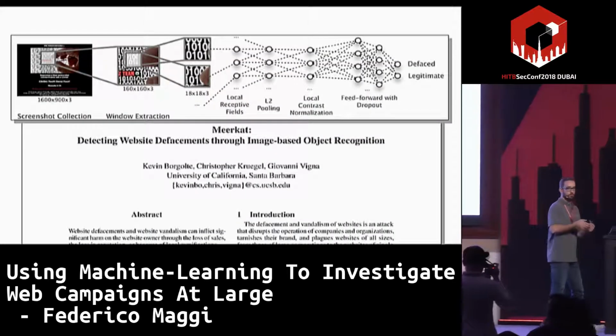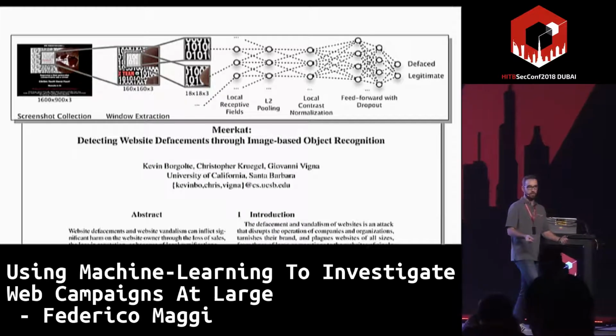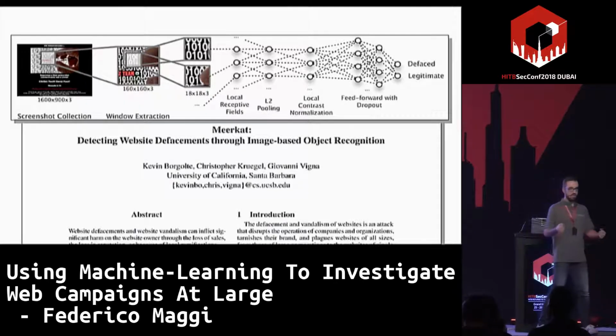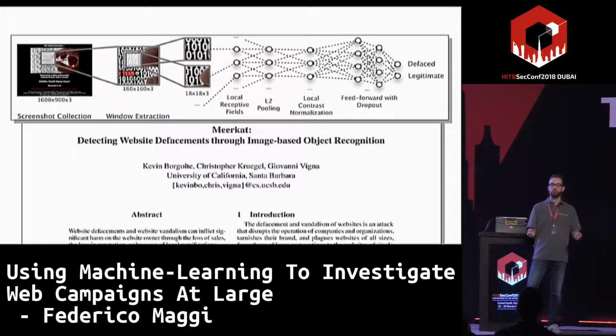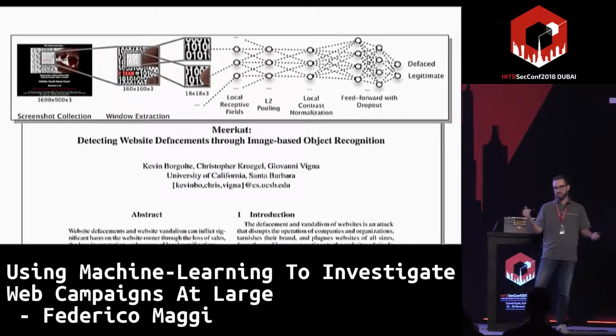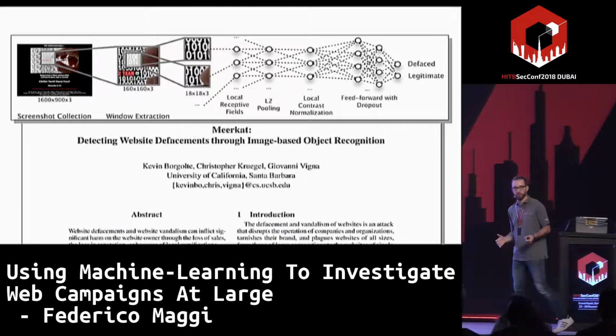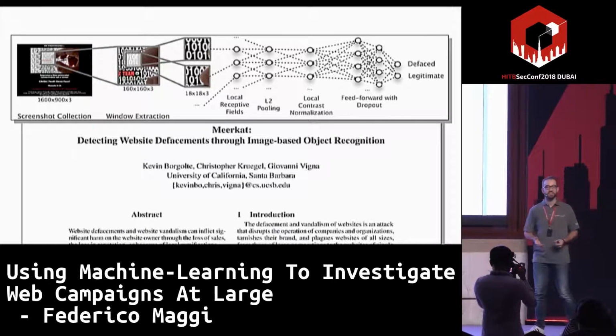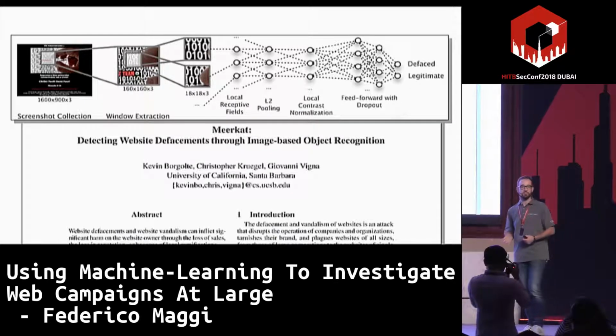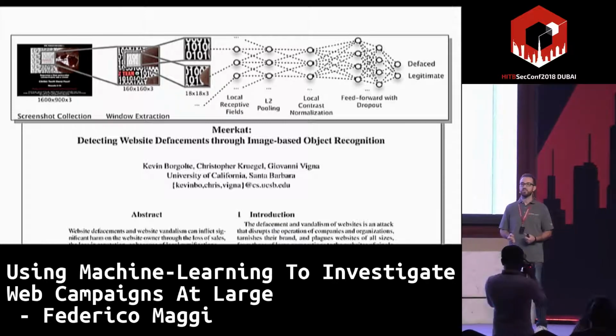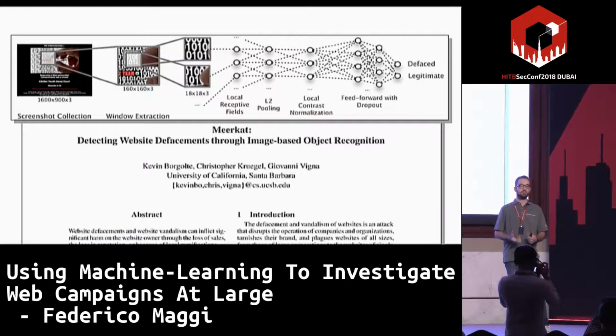There is interest, of course, in the detection part. As a company, you want to be able to detect if your page has been defaced as fast as you can. In my opinion, even though I love Kevin, he's a great friend, and he's made a very interesting piece of work here, I don't think the detection part is very important.